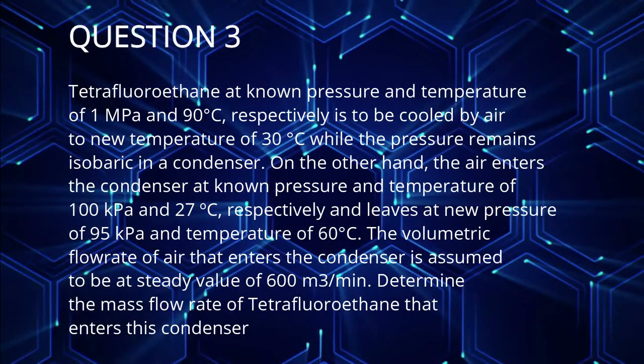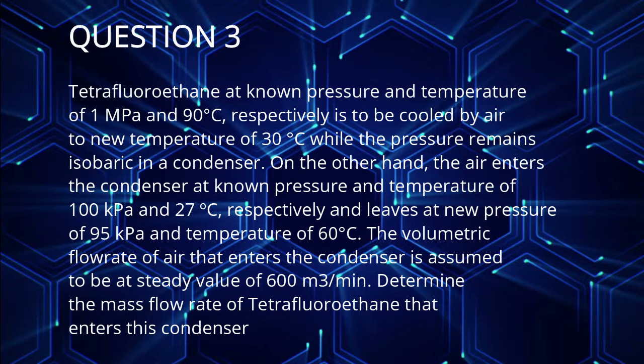Question number 3. Tetrafluoroethane at known pressure and temperature of 1 megapascal and 90 degrees C respectively is to be cooled by air to a new temperature of 30 degrees C while the pressure remains isobaric in a condenser.